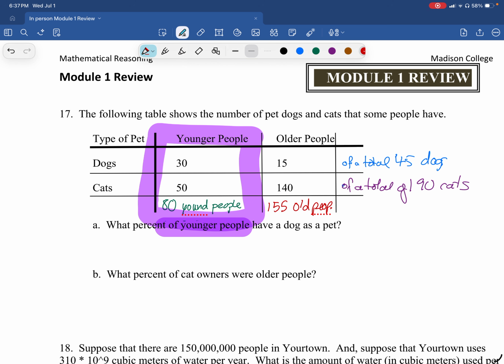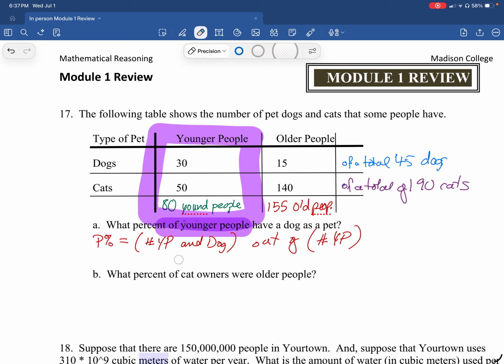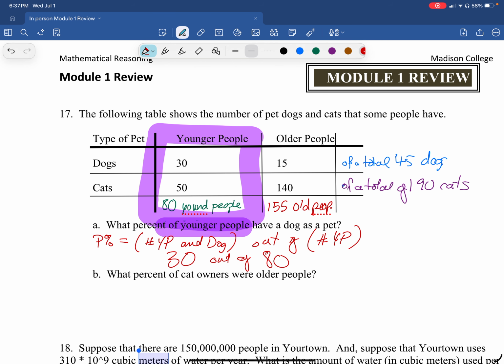So we need P%, which is the number of young people with dogs out of the number of young people. So we have 30 out of 80.